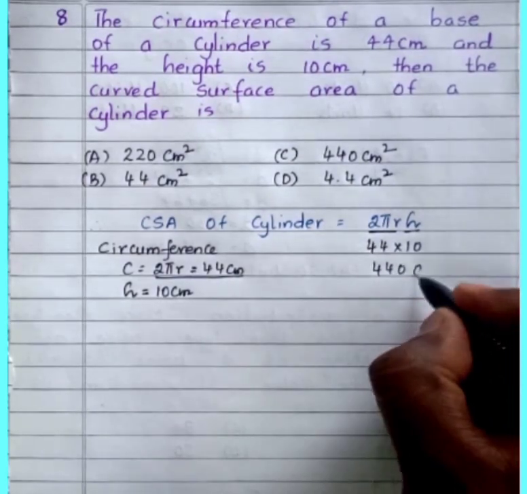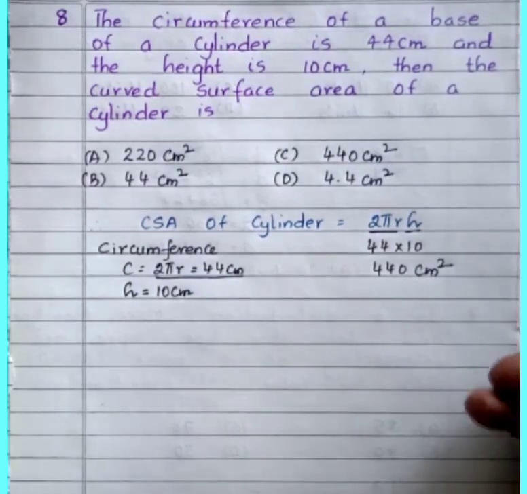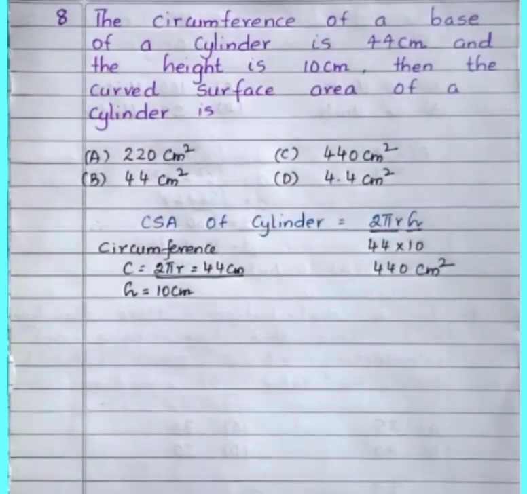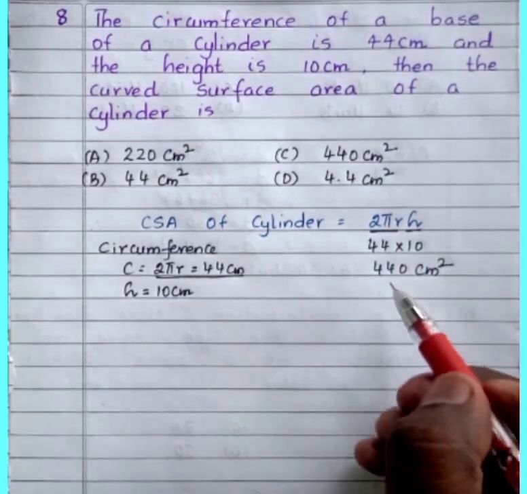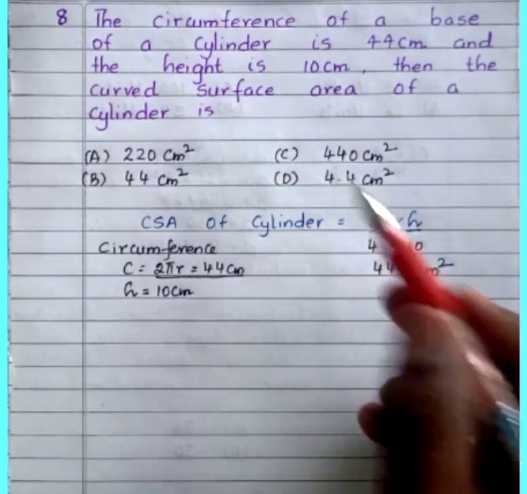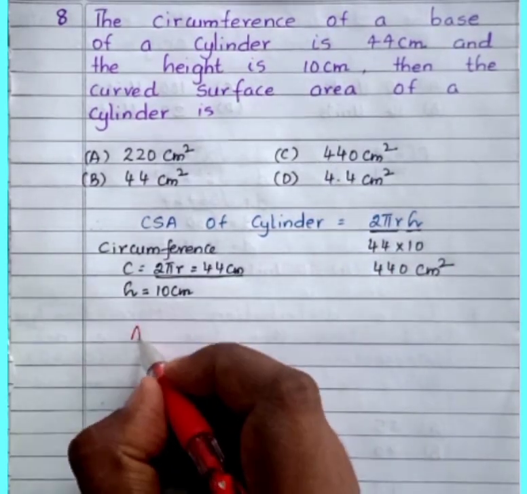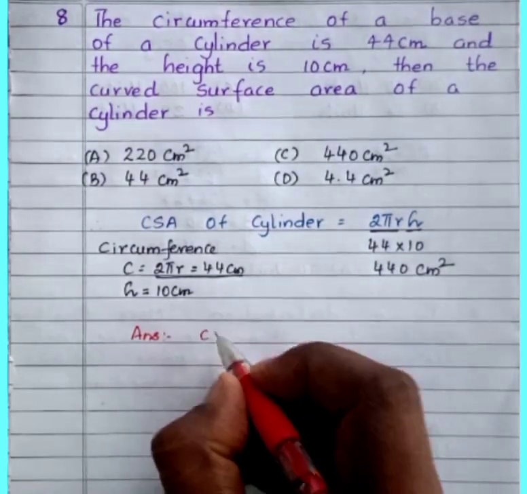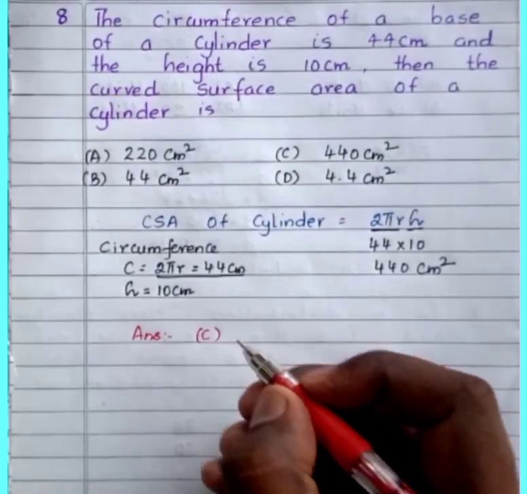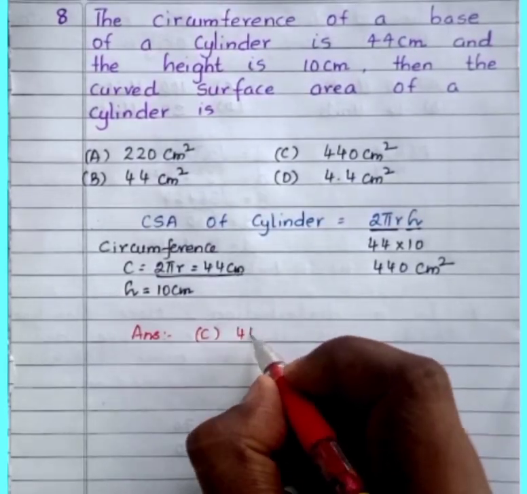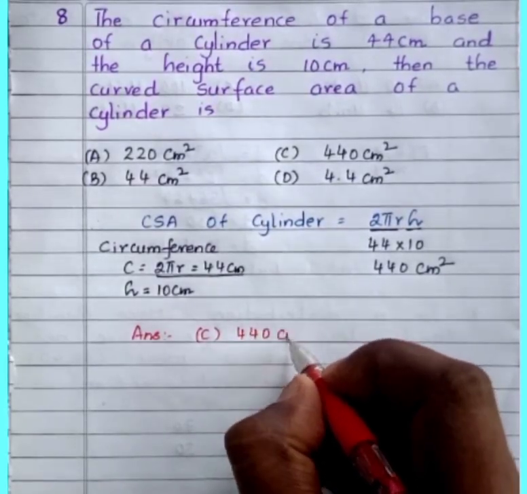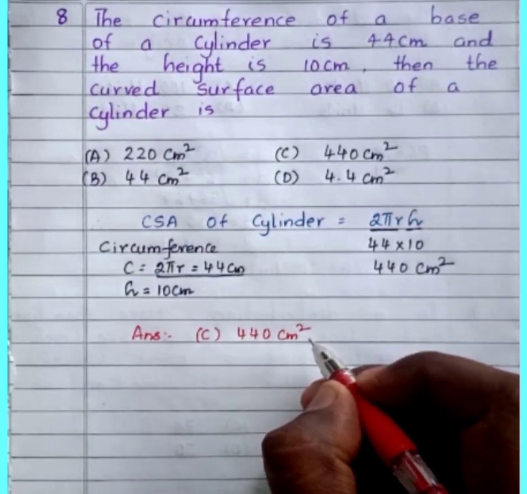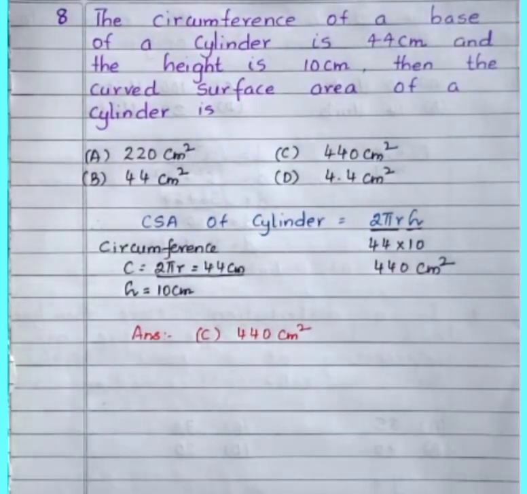Multiply 44 into 10, we get 440 centimeter square. Therefore the correct answer is option C 440 square centimeter.